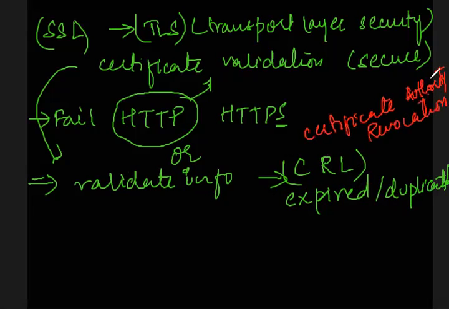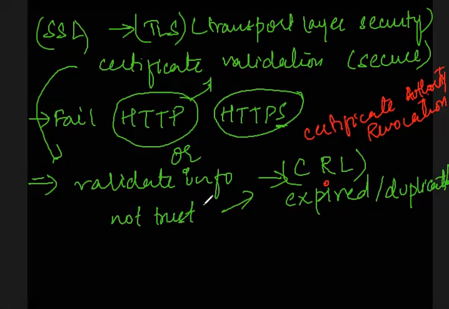So all the certificates that were revoked or expired are stored within CRL. Any certificate that is present in CRL is not going to be used for validation. That is, it is not going to turn that site into HTTPS, because it is not to be trusted. The certificates present in CRL are not trustworthy.